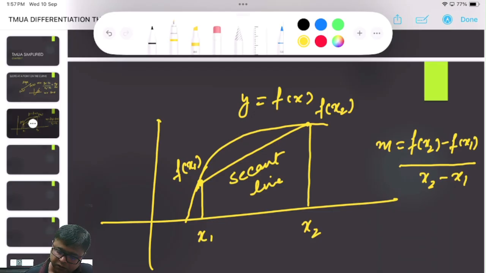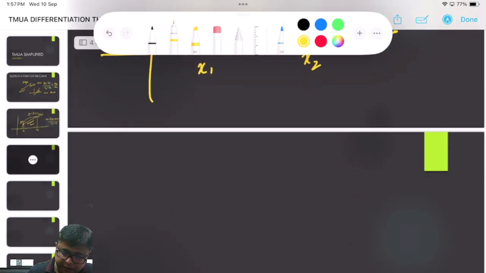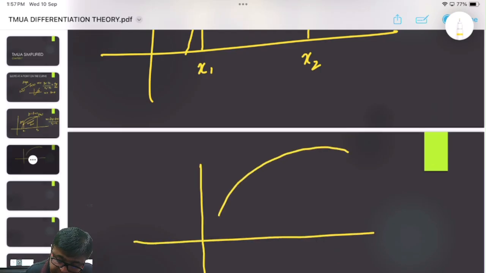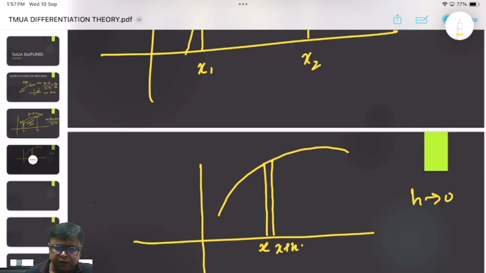In that case, if I draw the same curve, and suppose there is this x and another point very close to it, on the left or on the right, anywhere, which is x plus h, where h is approaching 0. If these 2 points are very close to each other, then the secant line joining them is almost a tangent, right? It will be touching the curve.